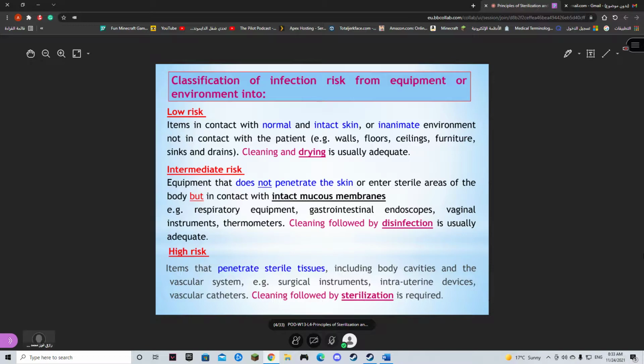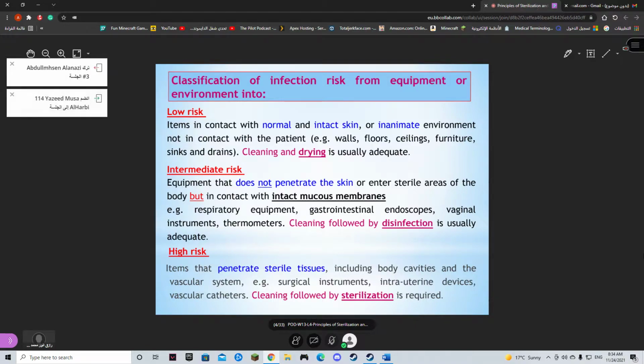Intermediate risk, yes, is equipment that does not penetrate the skin or interstitial area of the body but contacts intact mucous membrane, like an endoscope or a bronchoscope that you are cleaning. Cidex is a very famous chemical.